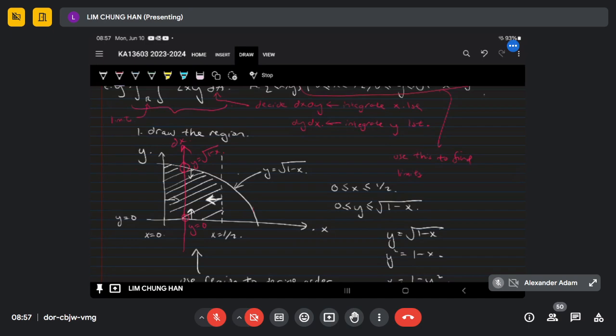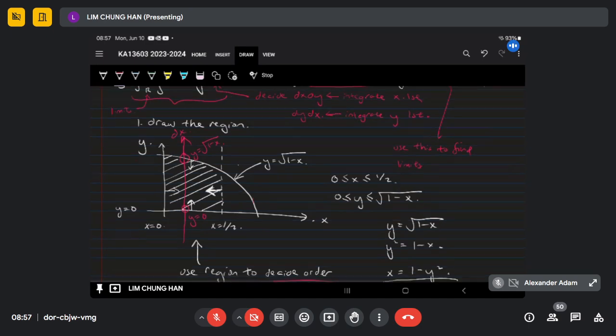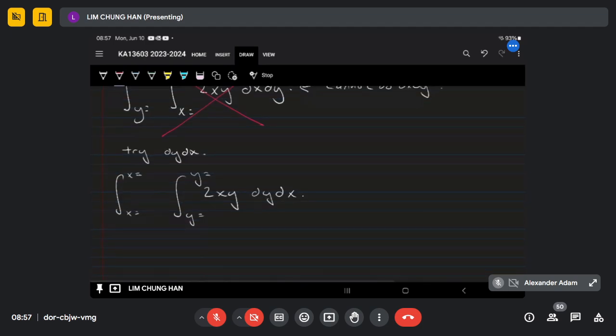So now I have my y limits. Since I use red color there, I might as well use red color here. dy. Next, green color, we do dx.